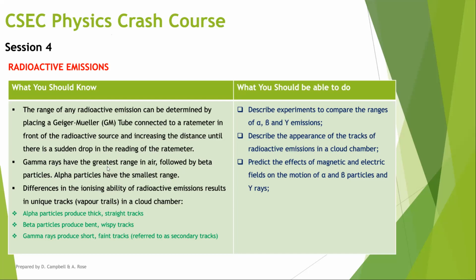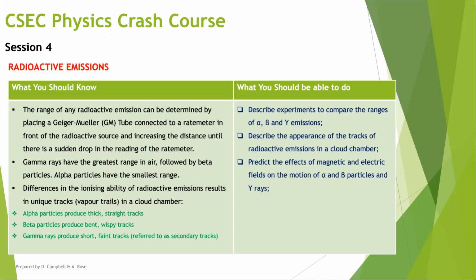Now, if you reason it out, you'll understand why gamma rays have the greatest range. They are not particles, they are rays, they are radiation, and so they can pass through matter without much effect on themselves.